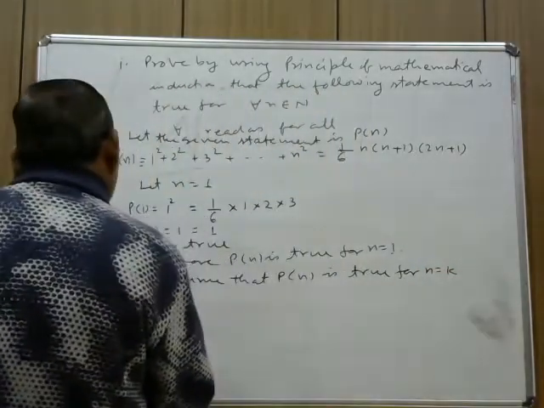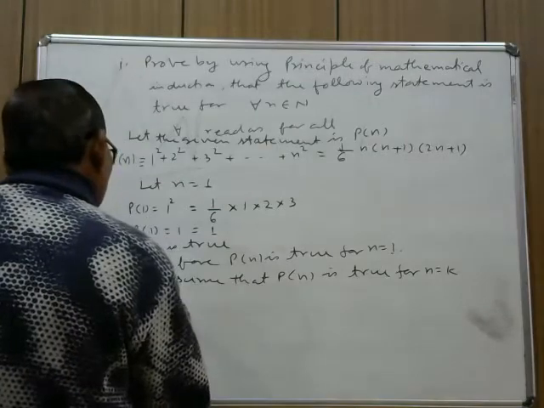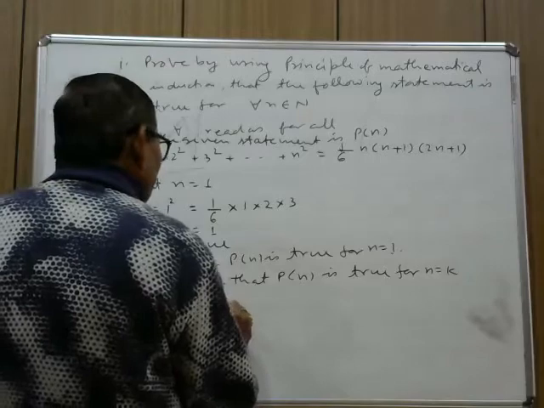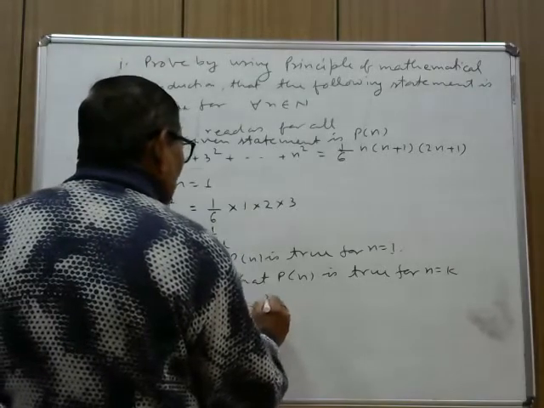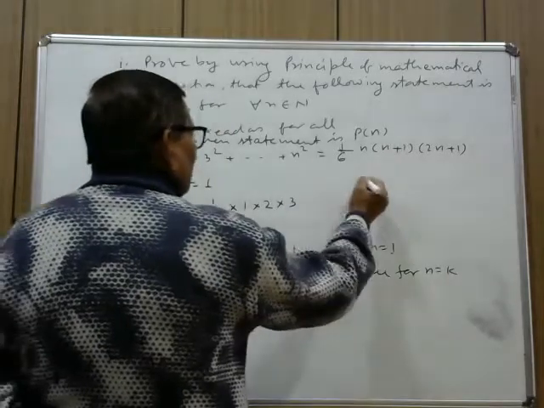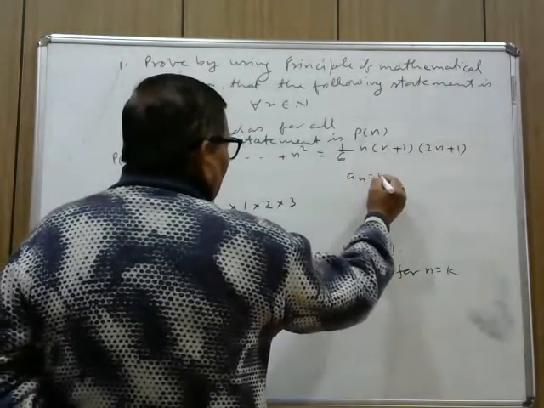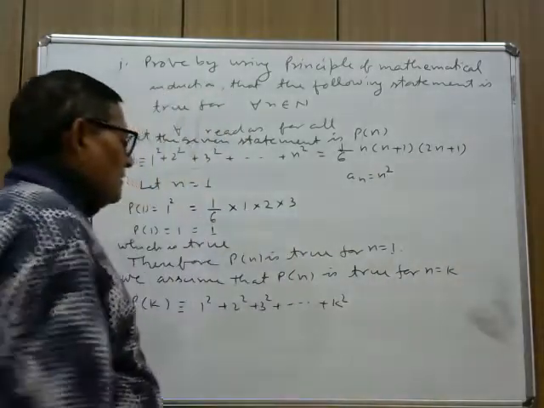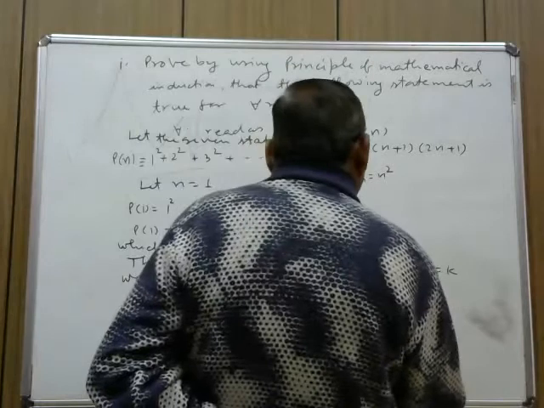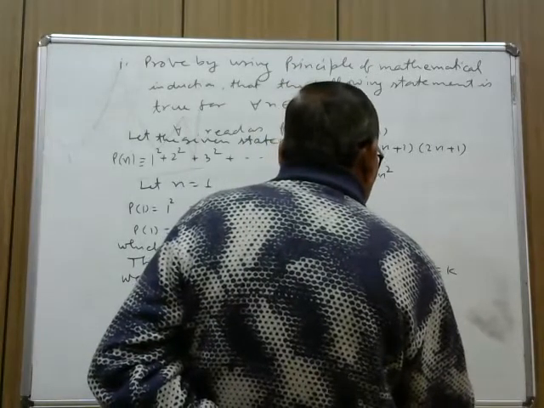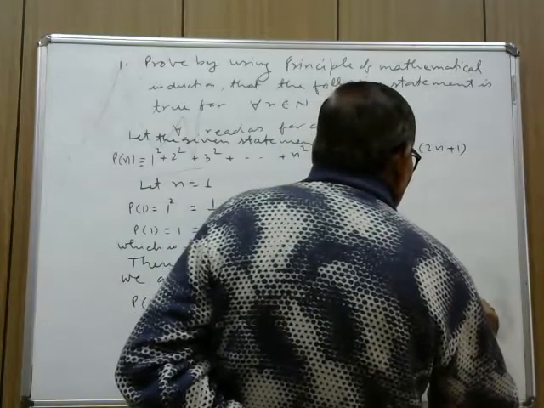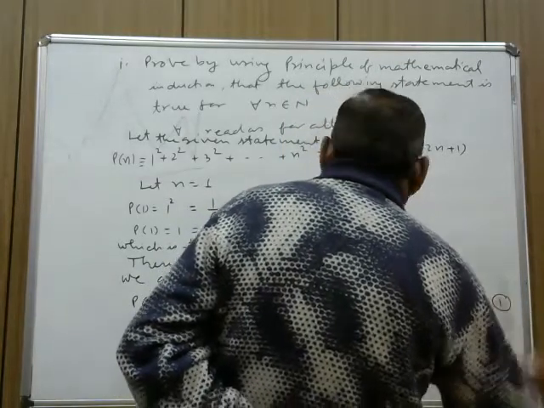So you can write your Pk means sum of k terms equal to 1 square plus 2 square plus 3 square plus and so on. Kth term is k square, because here nth term is denoted by an is n square, then kth term becomes k square, that is equal to 1 by 6 k into k plus 1, 2k plus 1, this is 1.